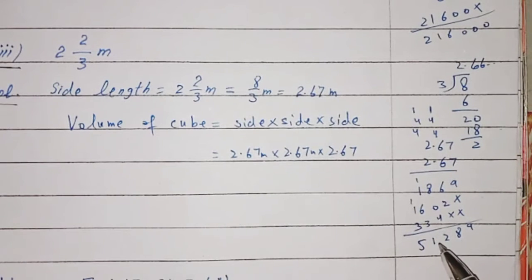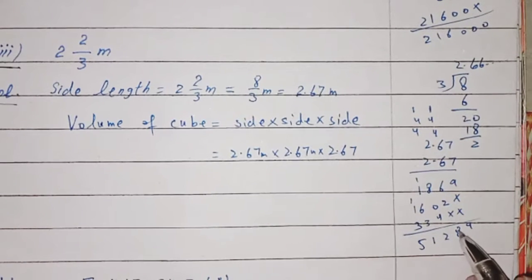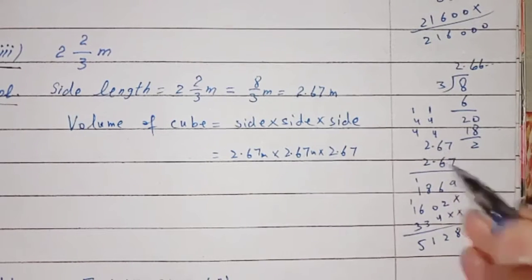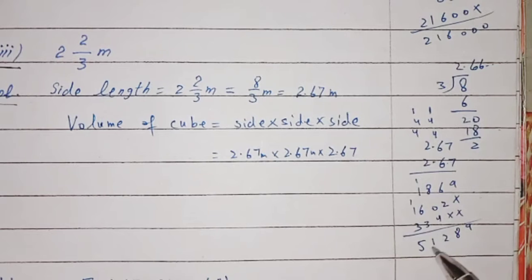So that is equal to 51289. The decimal point will be after 4 digits: 1 2 3 4.